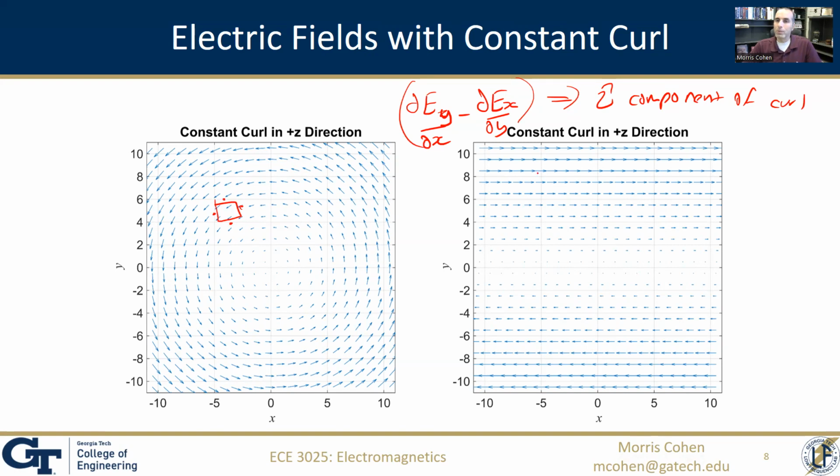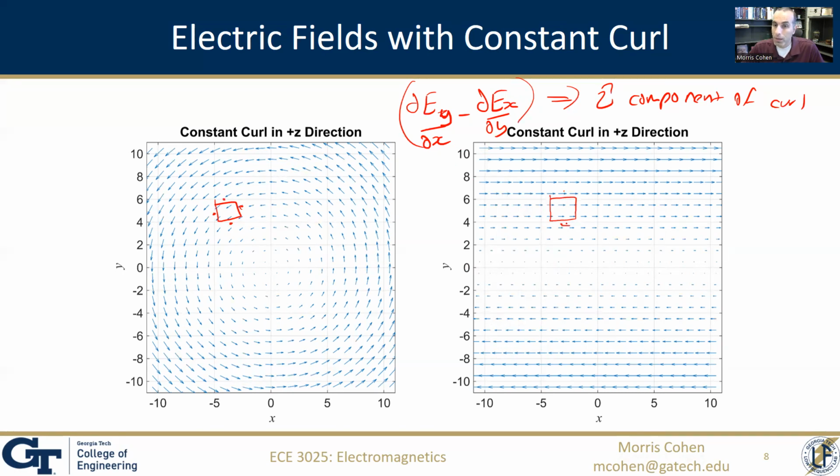We can see the same thing on the right. This is another example of a constant curl. I can draw a box right here. Let's ask about the derivative of the y component of E with respect to x. In this case, there is no y component of E, and so this first term is 0. But the derivative of the x component of E with respect to y, comparing the x component of E here to the x component there, you can see that there is a difference.